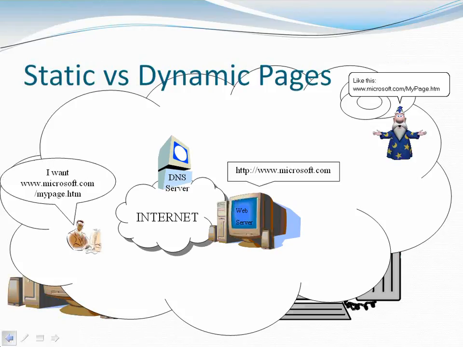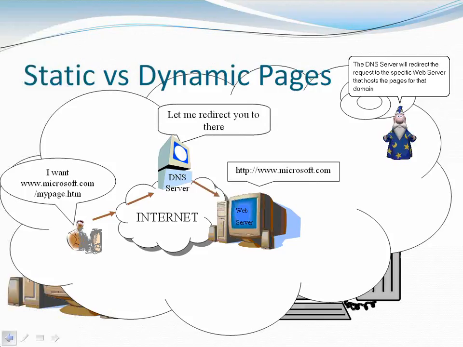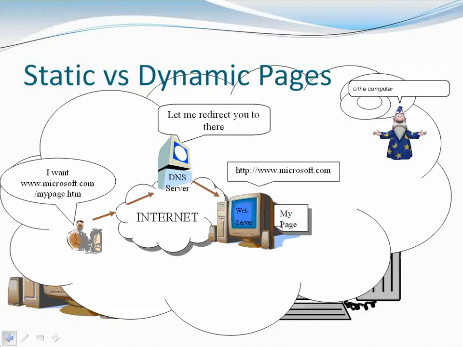Like this, www.microsoft.com/snippage.html. The DNS server will redirect the request to the specific web server that hosts the pages for that domain. And then the web server will respond to the request by serving up the page to the computer that requested it.